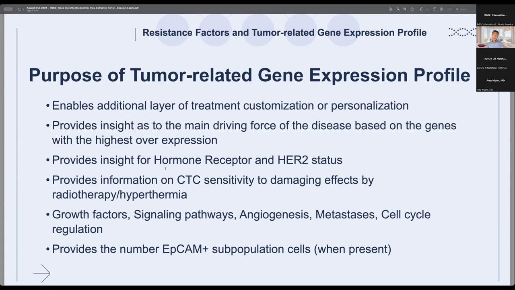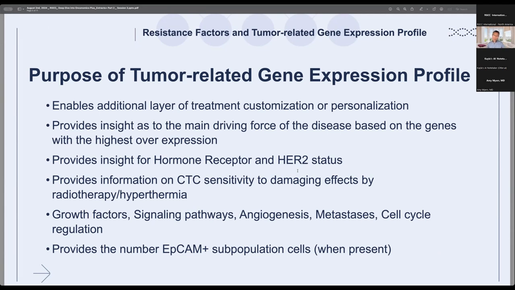It also gives us the insight on the hormone receptor and HER2 status, because sometimes when a patient comes to you with breast cancer, they may not have the information on the hormone status, receptor status, but you can look it up when you get the results of the Onconomics. The progesterone receptor and the estrogen receptor status are already shown.